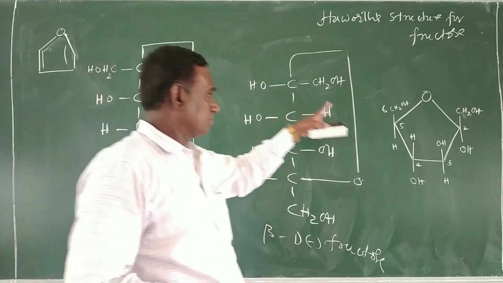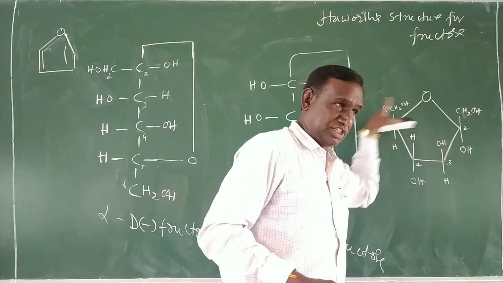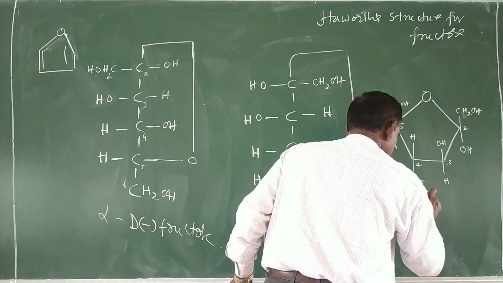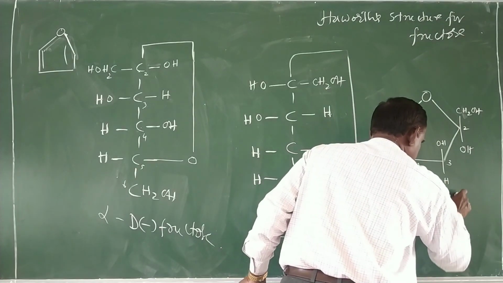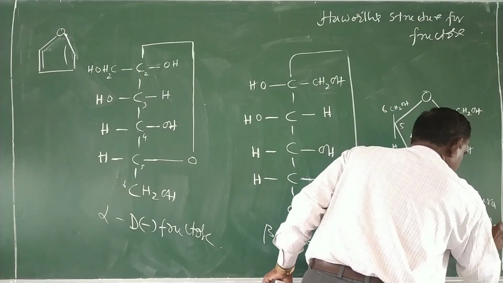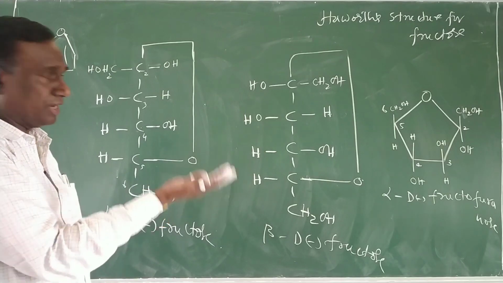So this CH2OH is present on the same side. You see. Okay, this is alpha D fructose or fructopyranose. Alpha D fructopyranose.